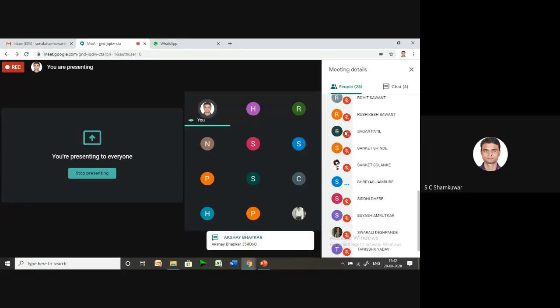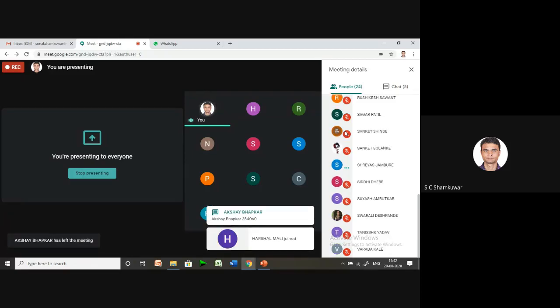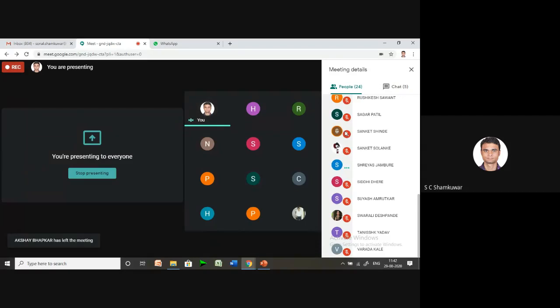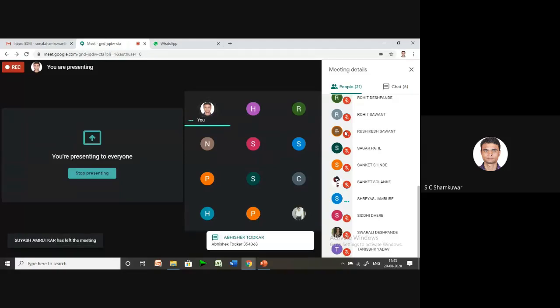No. I want heat transfer through the tip, not heat transfer through the fin. Which case is it, Shreyas?